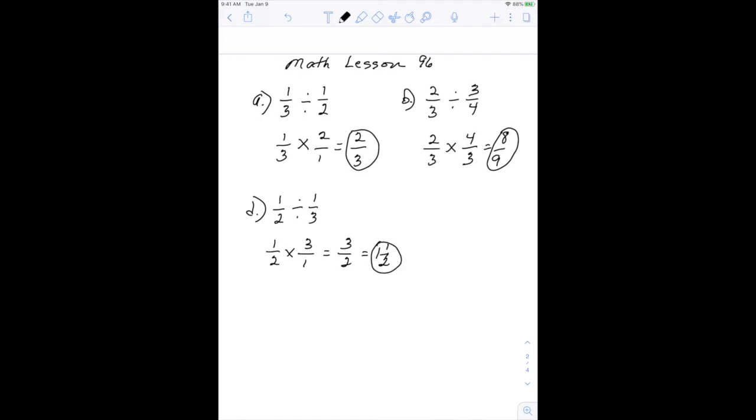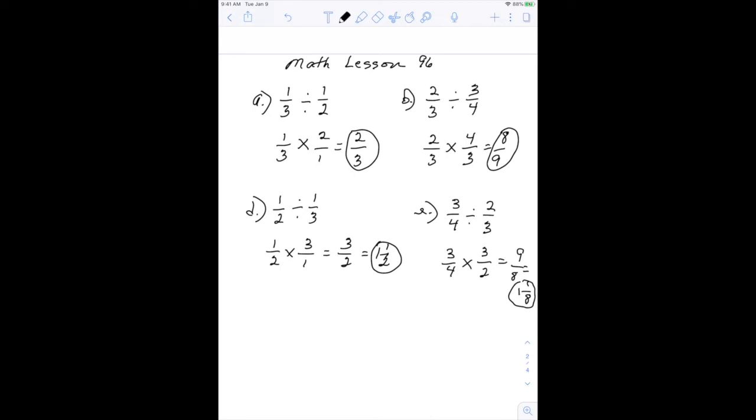All right, let's look at E. 3/4 divided by 2/3. We keep it, we change it, and we flip it. Equals 1 1/8. Sorry, a little crowded there. Okay.